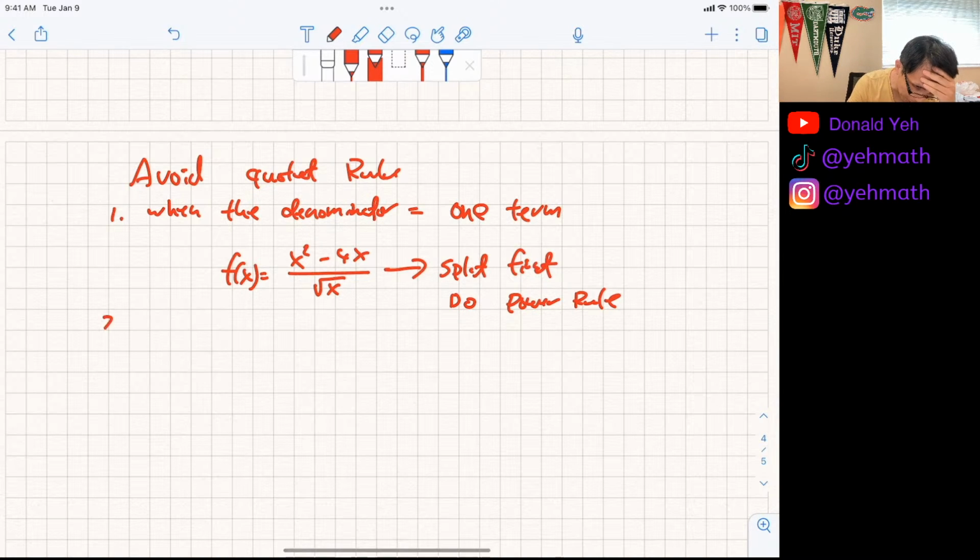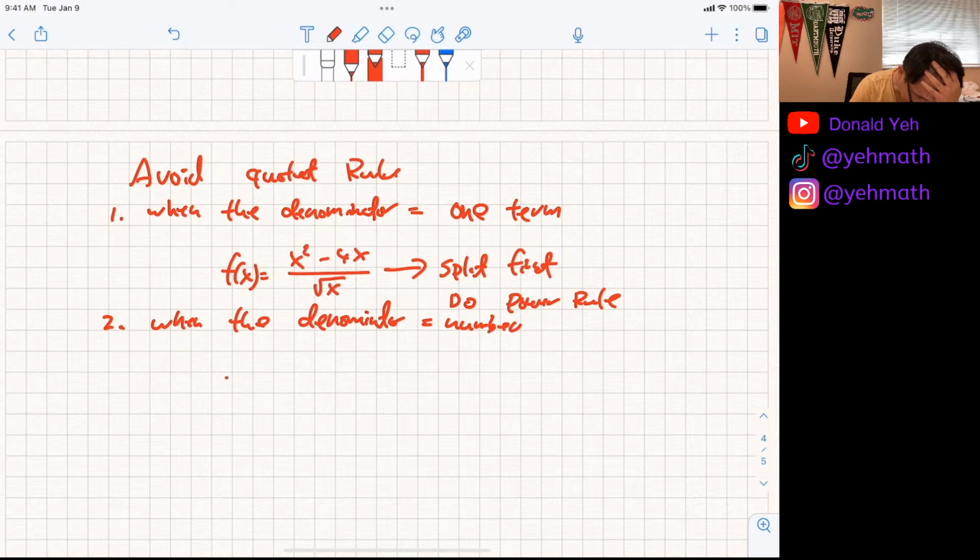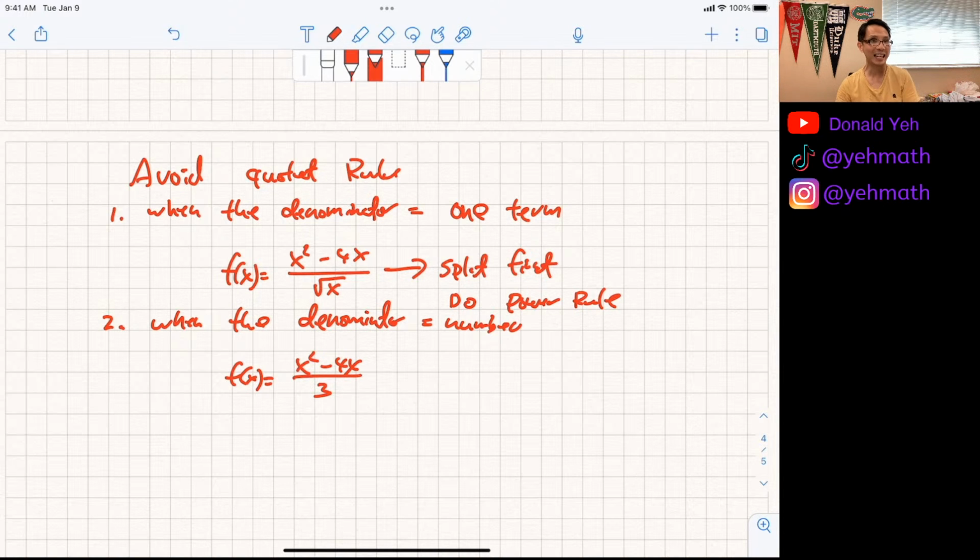Second situation I will avoid quotient rule is when the denominator is a number. So for example, f of x equal to x squared minus 4x over 3. That I will avoid quotient rule.